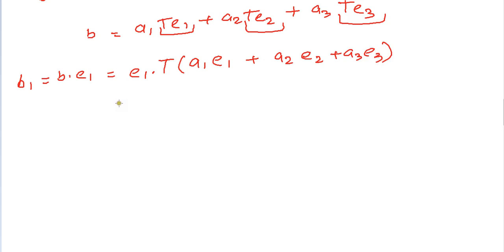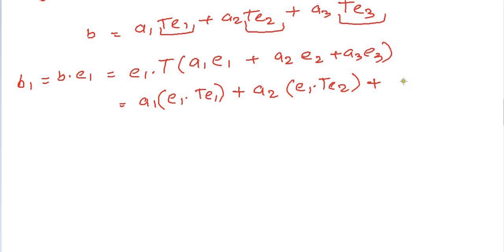We can bring out A1, sorry for that. So we can write A1 times E1 dot T E1, plus A2 times E1 dot T E2, plus A3 times E1 dot T E3.